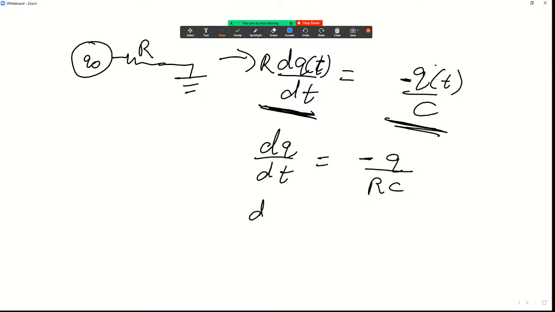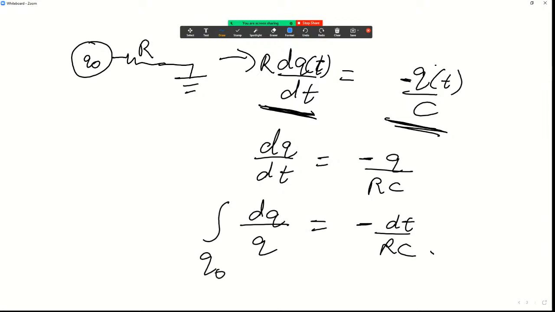So we have dq by q equals minus dt by RC. Should we integrate from q naught to general q or directly put 0? General. Okay, if we put 0 then it would be ln 0.